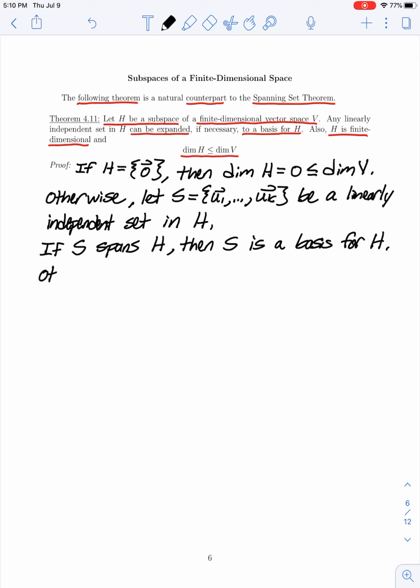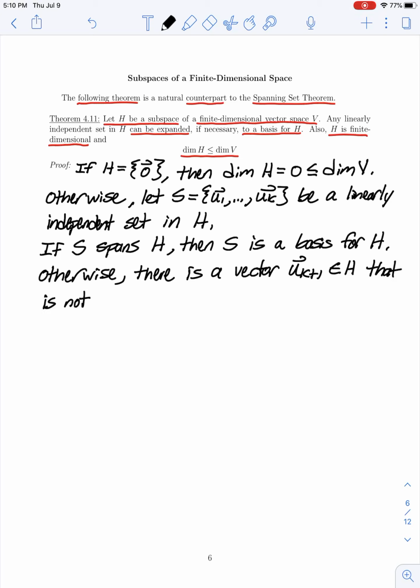Otherwise, that is, if S does not span H, that means there is a vector, let's call it u sub k plus 1, in H that is not in the span of the vectors u1 through uk.